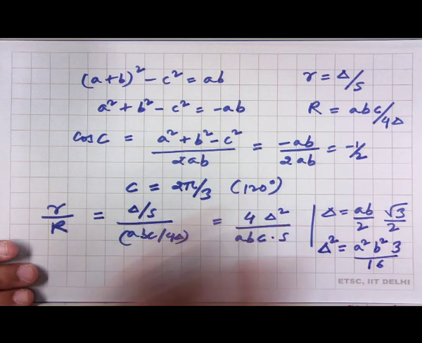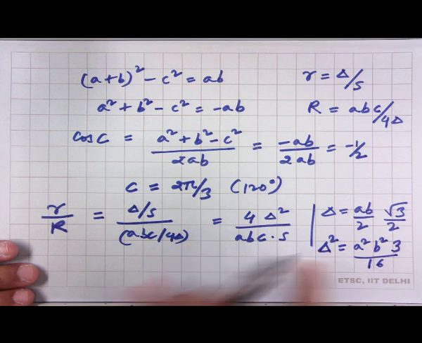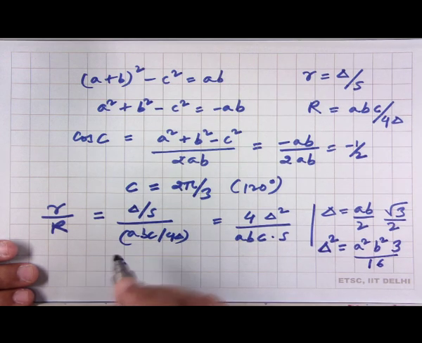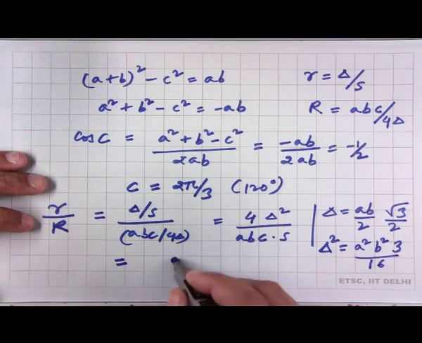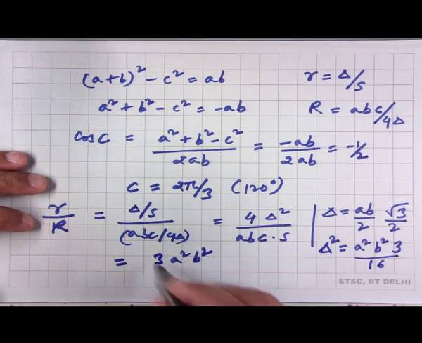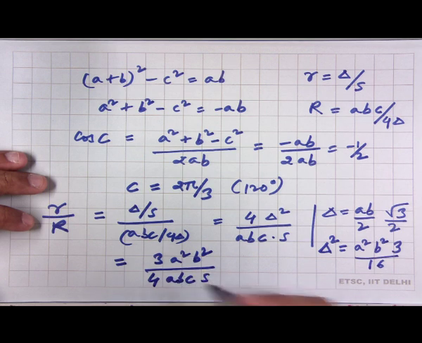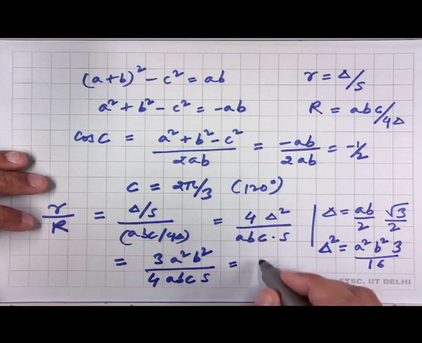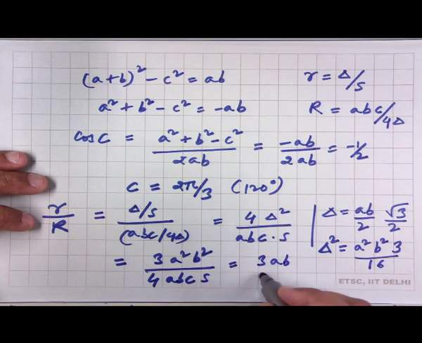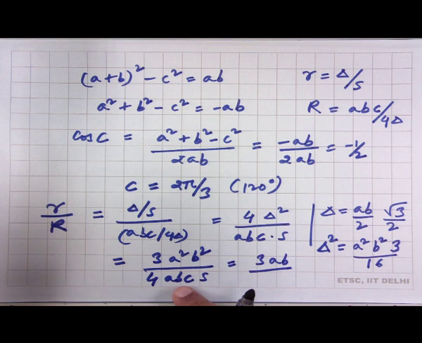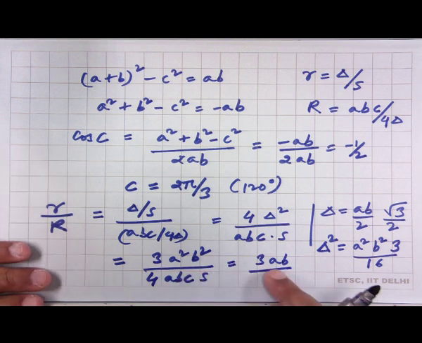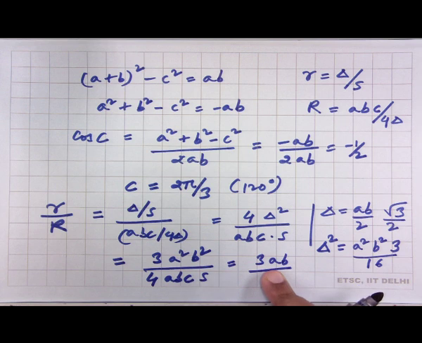By putting this expression over here, we get that the ratio r by capital R is equal to A square B square 3, and we already have a 4 here, so we will get 4 in the denominator, ABC times S, which is equal to 3 AB upon 4 times C times S. The AB square and the AB in the denominator will get cancelled, and what will remain is only AB in the numerator, and this AB is y.